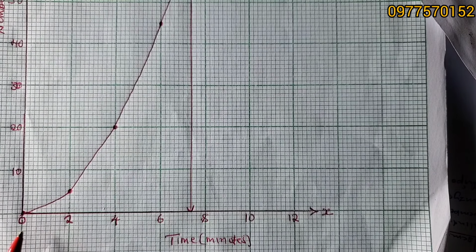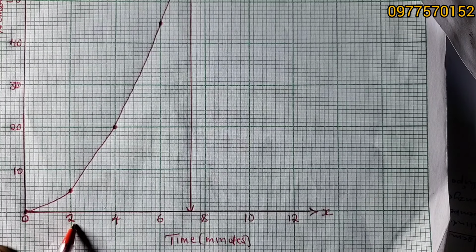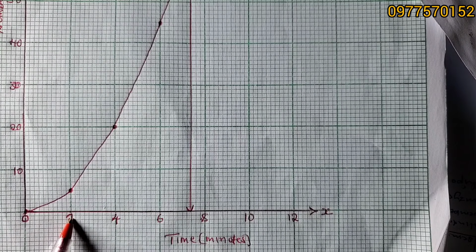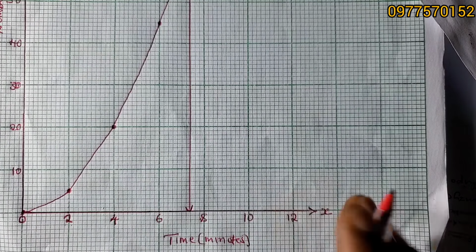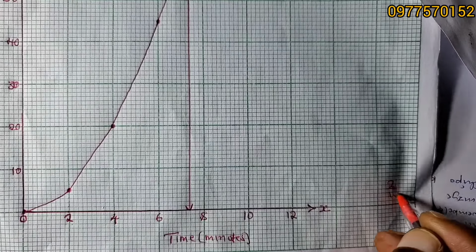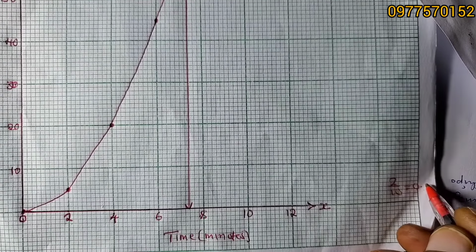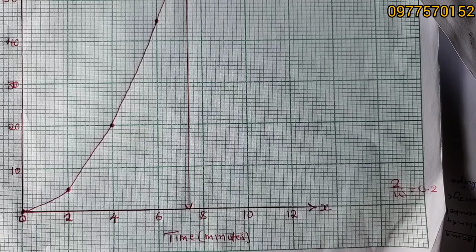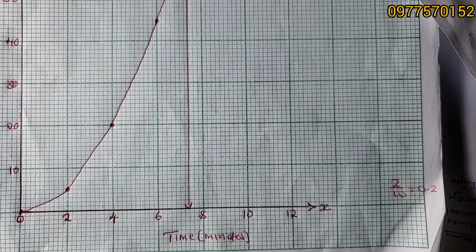You divide the units given by the total number of boxes. We're given 2 centimeters to represent 2 units, so you say 2 divided by 10, and you find 0.2. Are we together? Very good.